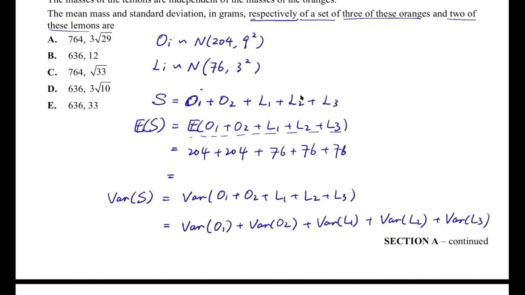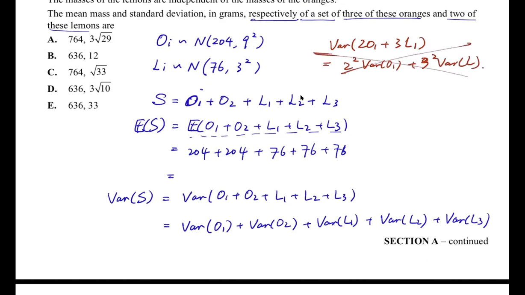A common mistake will be working with variance of 2O1 plus 3L1 as 2 squared variance O1 plus 3 squared variance L. No, it's no good. In this case, you are not being given a linear function like S equals 2O plus 3L.